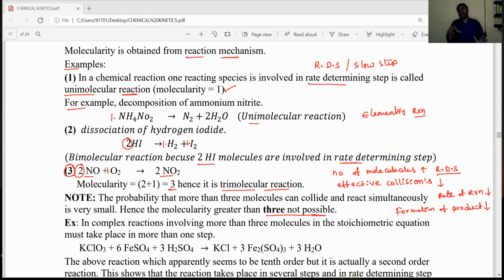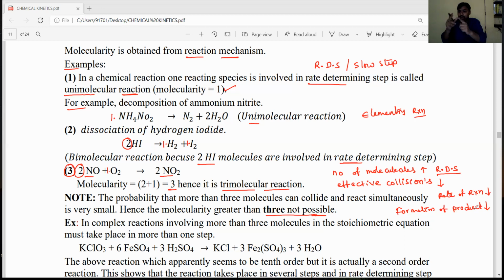Okay, dear students, for example, I think we'll get a lot of doubts. Many complex reactions are present. In complex reactions, if you look at the balanced chemical equation, 3 or 4 reactant molecules are present, each with a number of moles like 3 or 4. In a complex reaction, the reaction takes place in several steps.